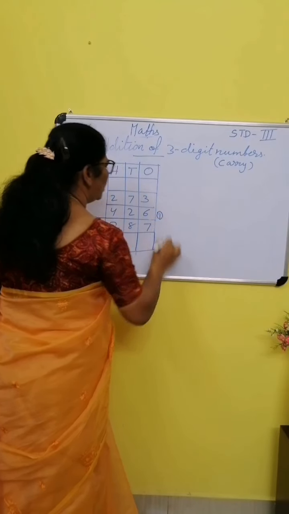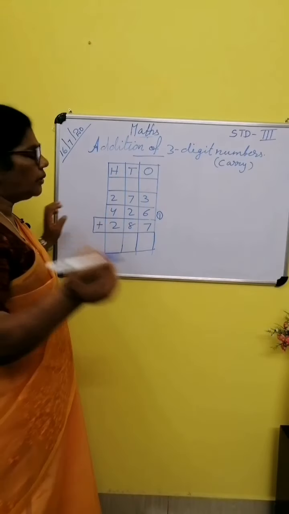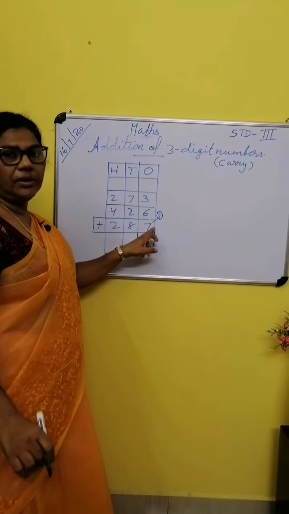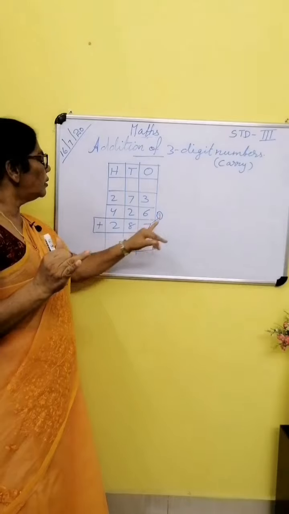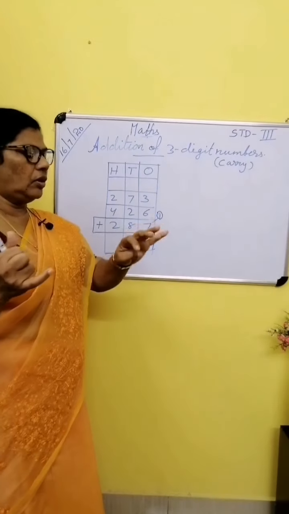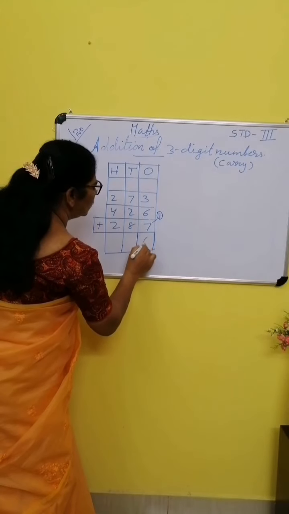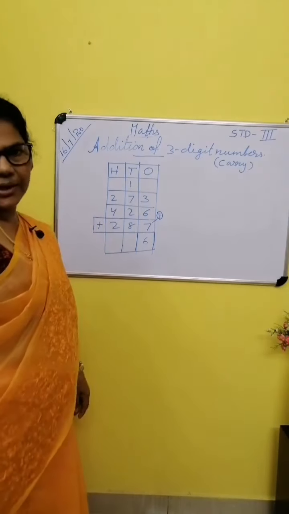Then you can put it in a small circle also, to remember. Then put a small line like this. Then 7, take in the hand. 7, 9 after: 10, 11, 12, 13, 14, 15, 16. You will get 16, so write only 6. 1 will go to the next place on the left side.